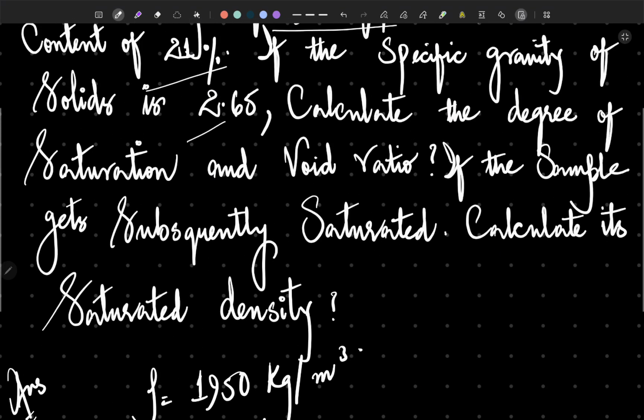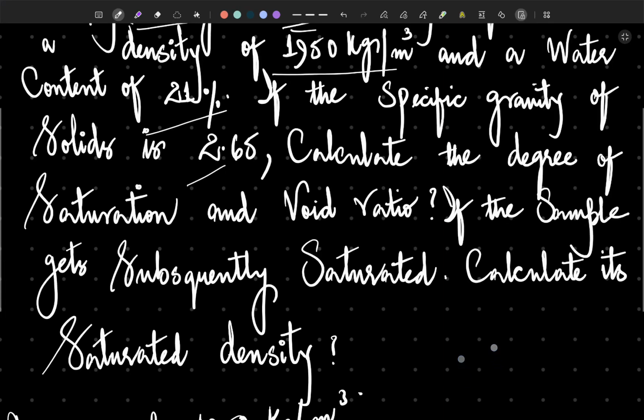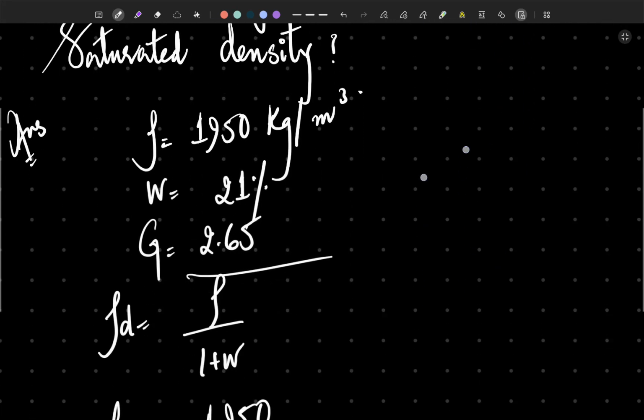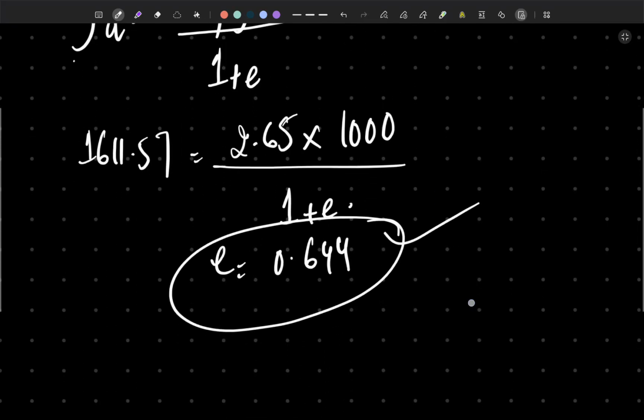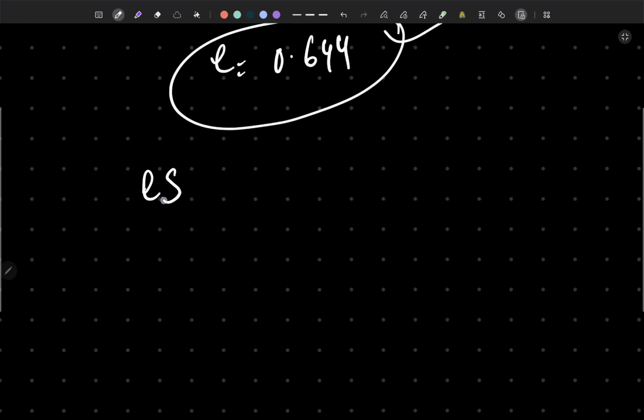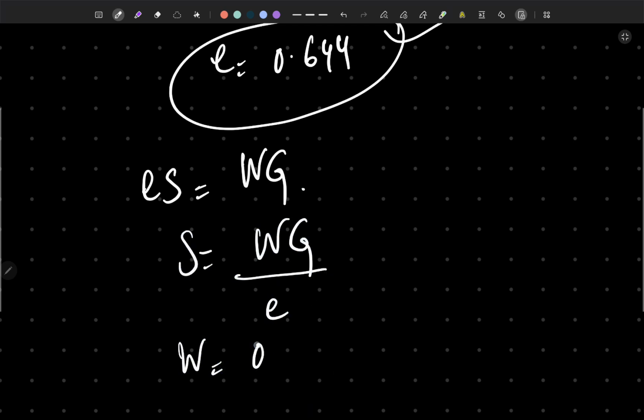Question says calculate the degree of saturation and void ratio. Void ratio we have calculated 0.644. Now we have to calculate the degree of saturation. We'll use this equation. eS is equal to wG, S is equal to wG divided by e, water content is 21%.